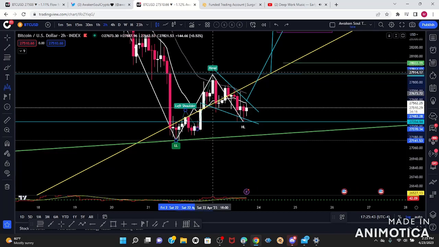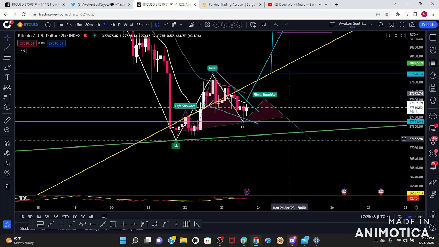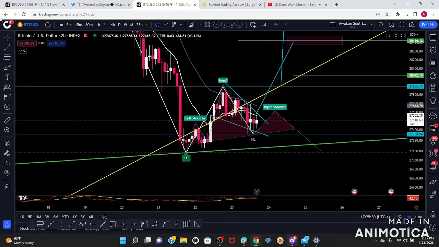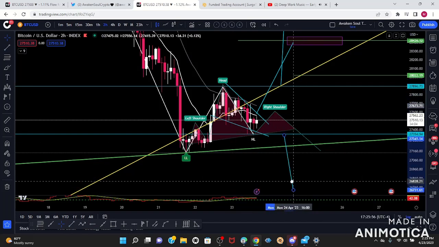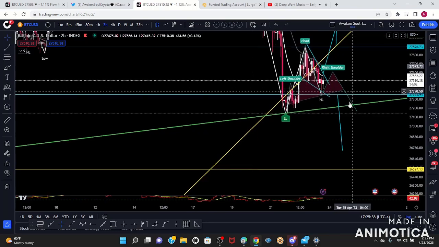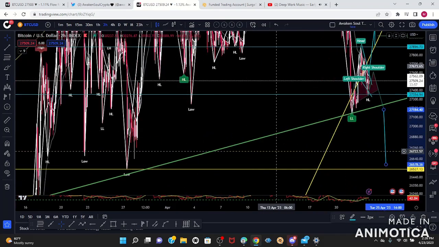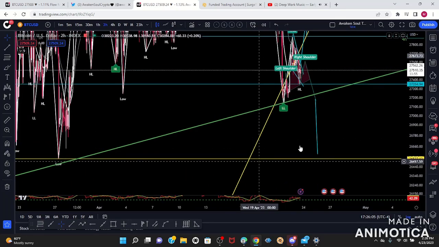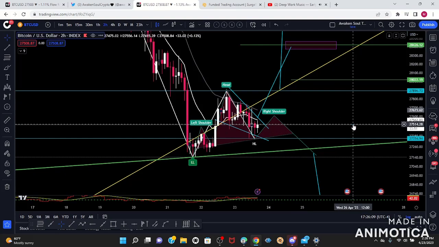This could be a right shoulder, and give us one more and then come down to the downside, getting that measured move from the head. Breaking that neckline, and then it's probably going to be that 4-hour, and then come back down to our daily support. Beautiful, right? So those are your two scenarios right here on the 2 hours.